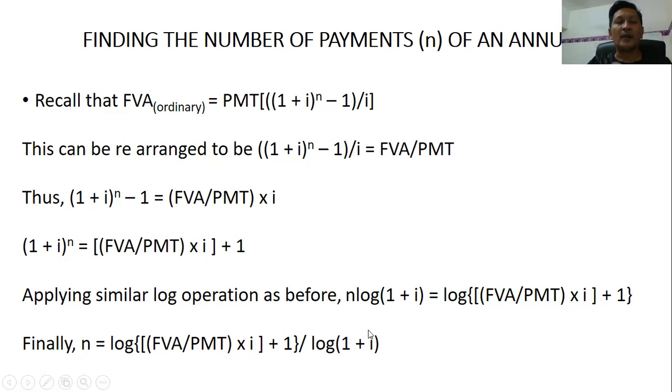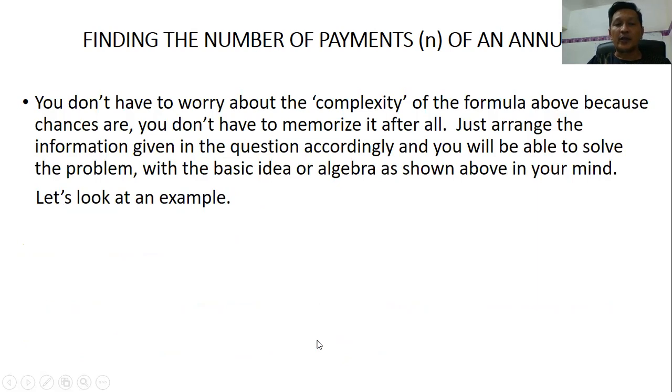Now, you don't have to worry about the so-called complexity of the formula above, because the chances are you don't actually have to memorize it. What you need to do is use the basic formula, which will be given to you anyway at the back of the exam papers. So you just arrange the information given accordingly.